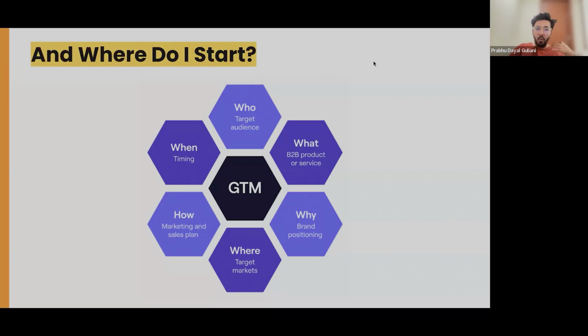What is it that I'm actually going out there and selling? Why would somebody be interested in buying this? Why would someone come in and say, I want to try your product? So your brand positioning, your value proposition, becomes very important in a go-to-market strategy. And just like your why, your where becomes very important as well.